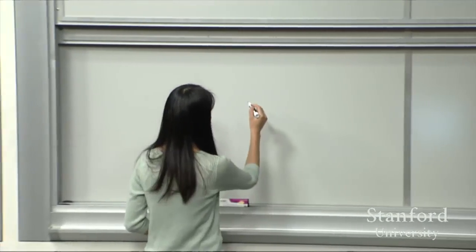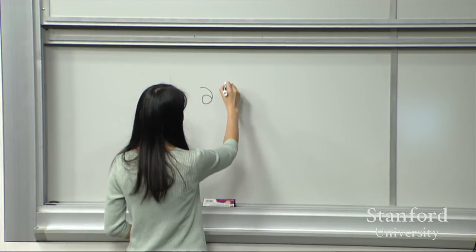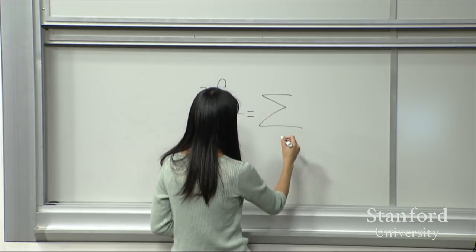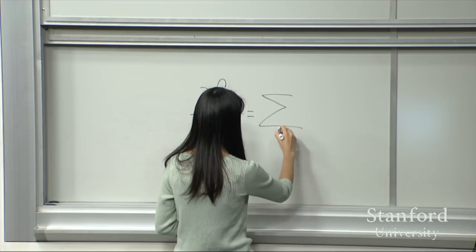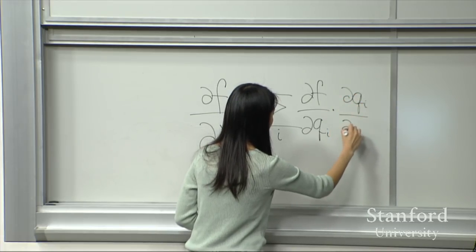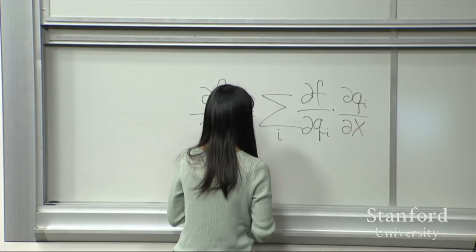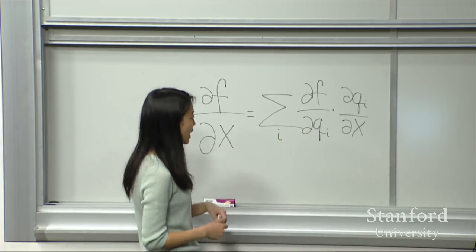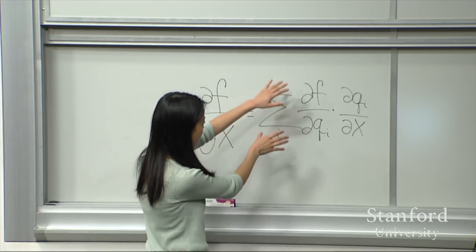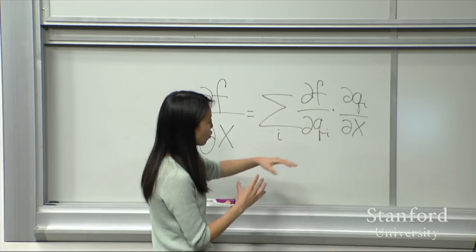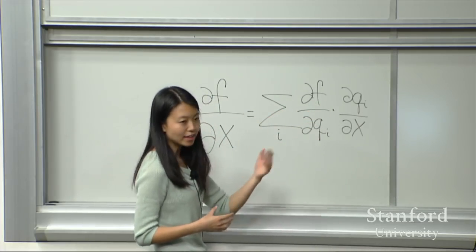Yeah, so I can write this maybe on the board. Basically, if we want to have the gradient of f with respect to some variable x, and let's say it's connected through variables q_i, this is saying that if x is connected to these multiple elements, in this case different q_i, then the chain rule is going to take the effect of each of these intermediate variables on our final output f, and then compound each one with the local effect of our variable x on that intermediate value.